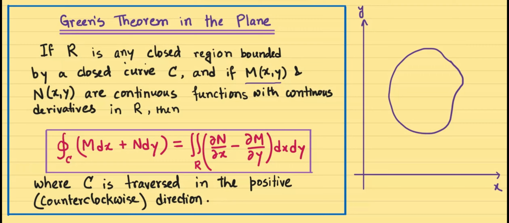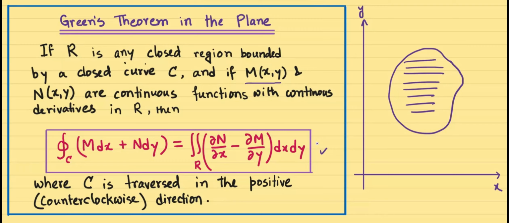And then, if this is true, we can write the theorem as this statement here, which has, on the left hand side, the closed loop integral on the curve C, which is basically the boundary of R. And on the right hand side we have an area integral, where of course the area is considered to be R. This particular combination, M dx plus N dy, is inside the closed loop integral.